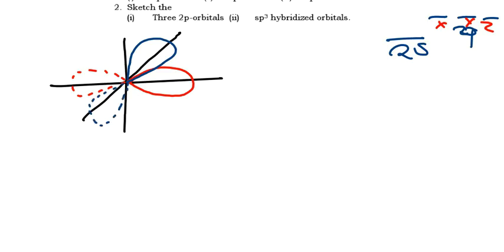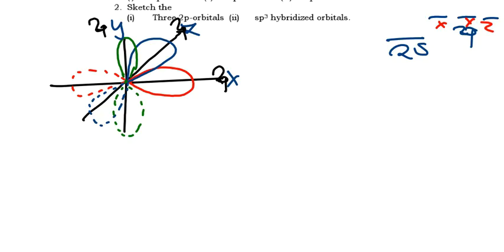Then we can show another one along the y-axis. So one is the X, one is the Y, one is the Z. So we can call them 2px, 2pz, 2py.